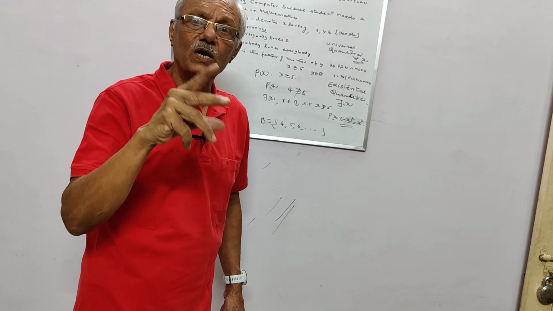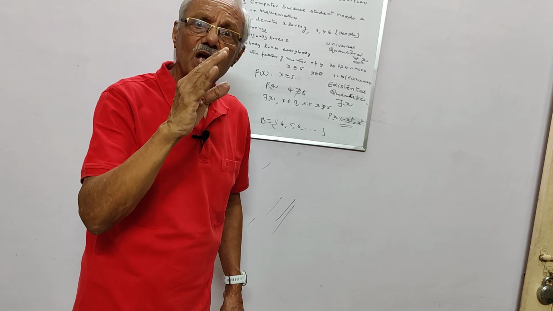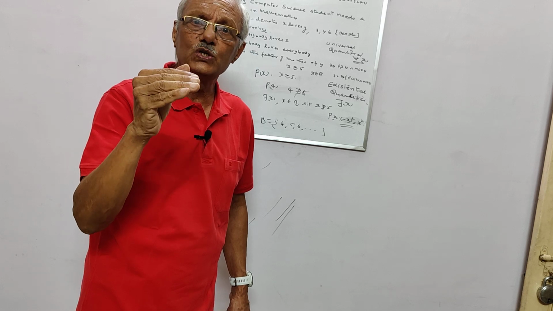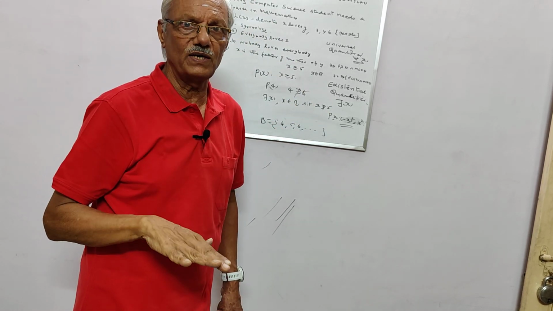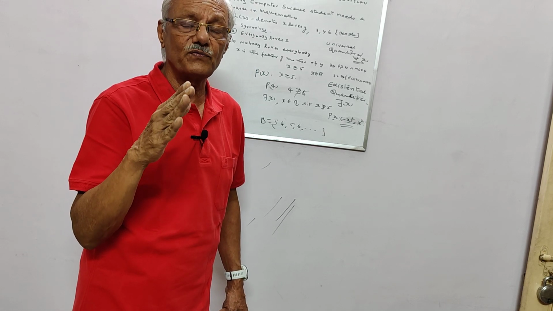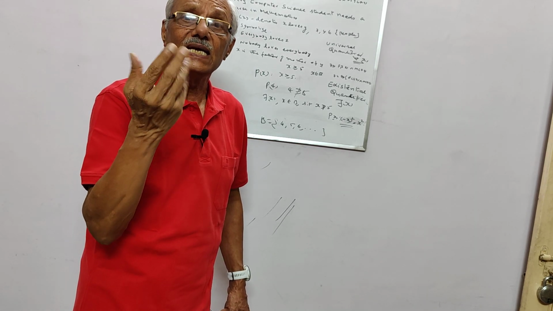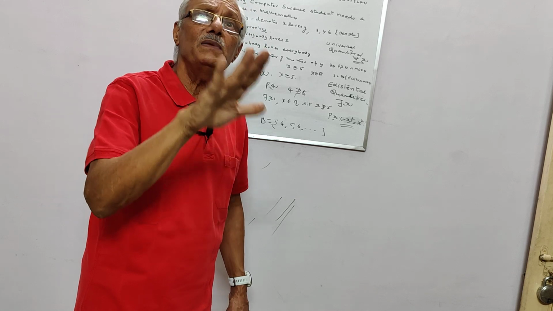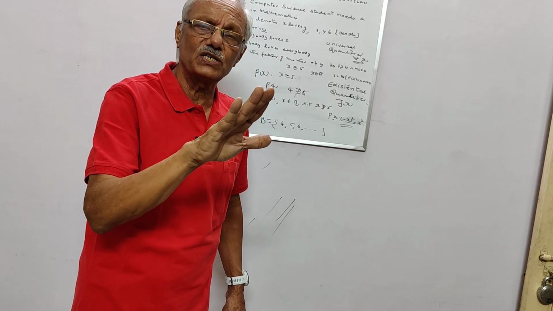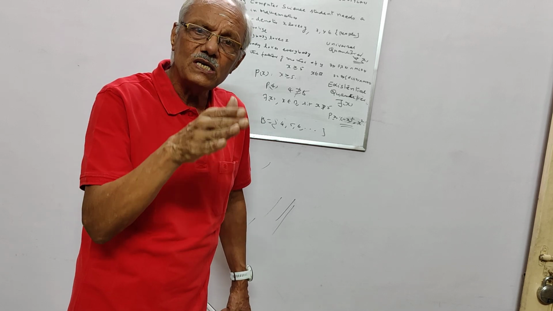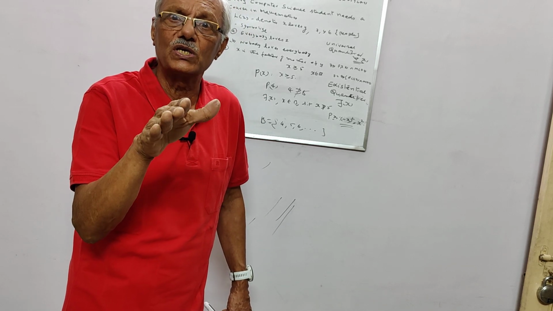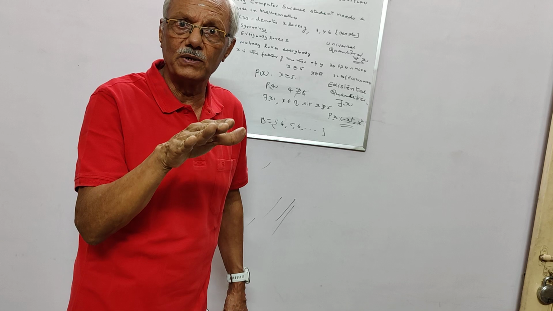A universal quantifier says that for every value assigned to that variable, the statement holds. An existential quantifier means that the statement given in your propositional function takes the truth value true only for certain values of that variable.